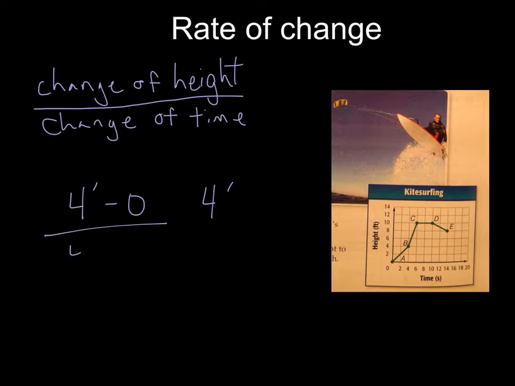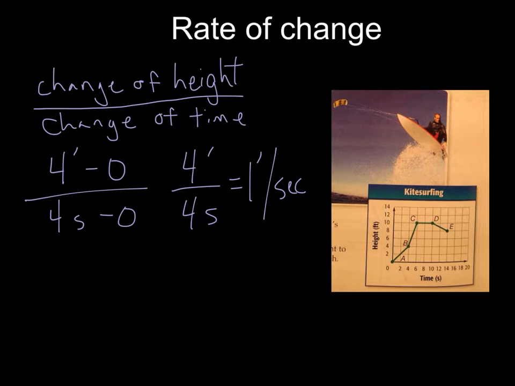After 4 seconds, I'll put an S there, he started at 0 seconds, so the change in time was 4 seconds. So 4 divided by 4 equals 1 foot per second, the rate of change from point A to point B, or from 0 seconds to 4 seconds.